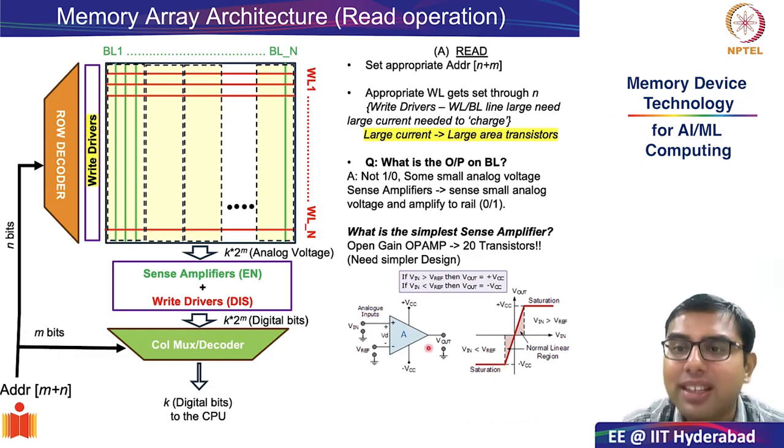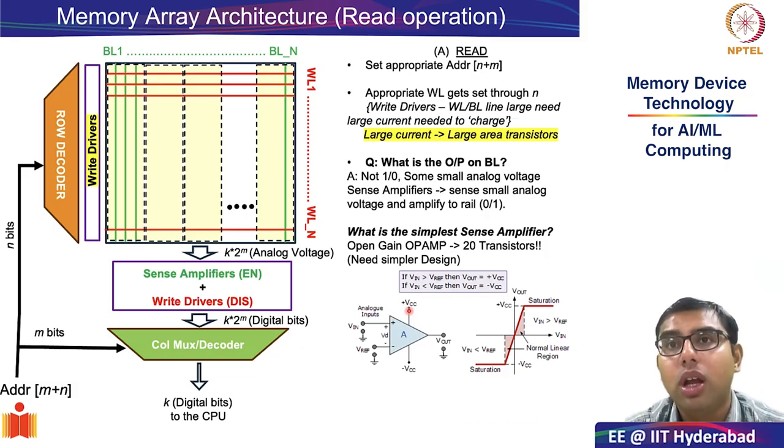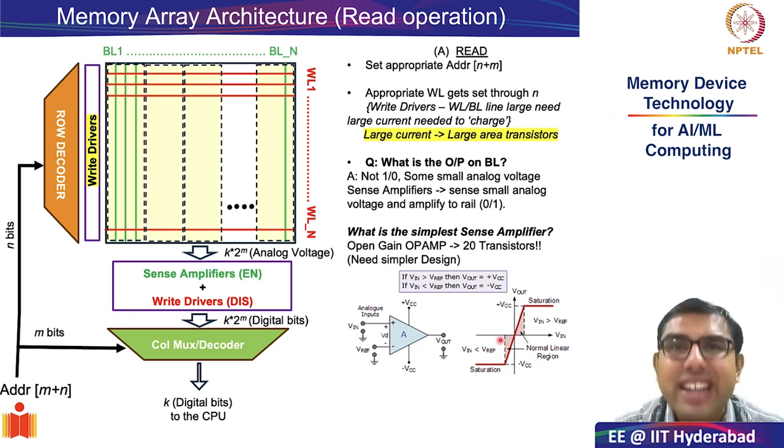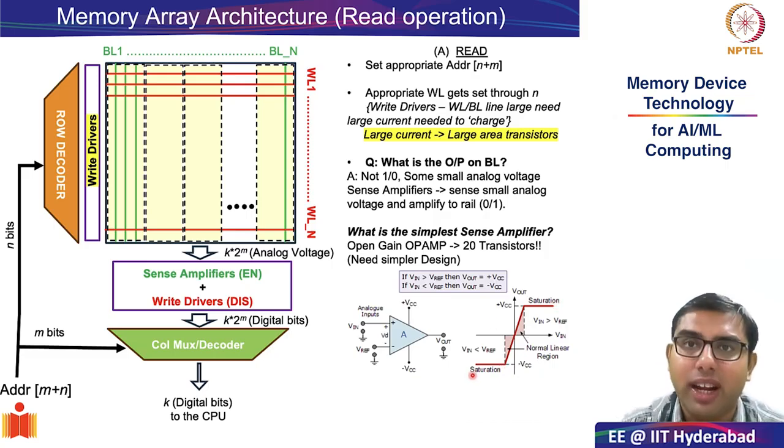So the simplest sense amplifier that we can think of is an open loop op amp where the reference voltage is applied to the inverting terminal. This kind of circuit can very quickly detect small positive or negative movements over the reference and pin it to either the plus rail or the minus rail.